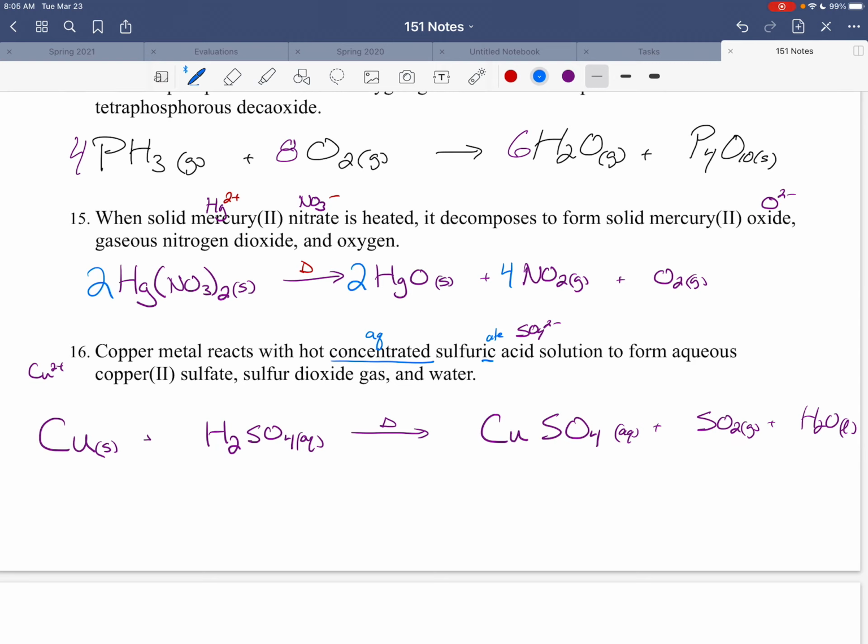Sulfate, does sulfate survive here? Because I have sulfate, I can balance sulfate and sulfate. The problem then becomes my only source of sulfur is in sulfate. I have sulfur and sulfate from copper(II) sulfate and sulfur dioxide. So some of the sulfates break down to produce sulfur dioxide, and some of the sulfates survive as copper(II) sulfate. So it can no longer just balance sulfate with sulfate.